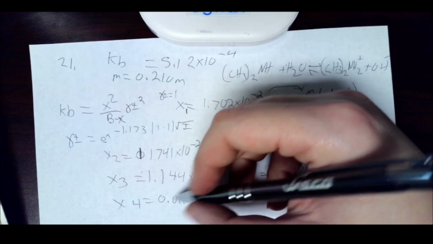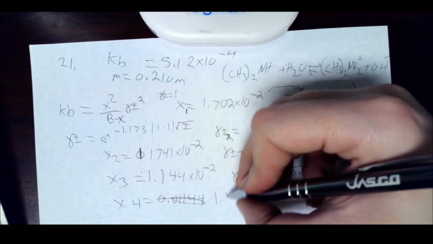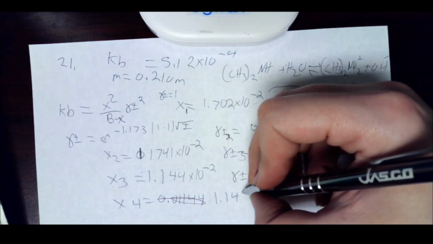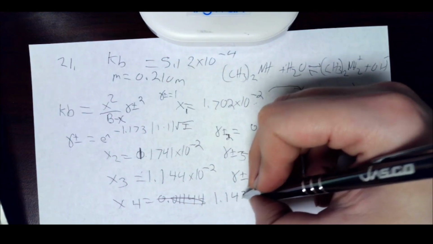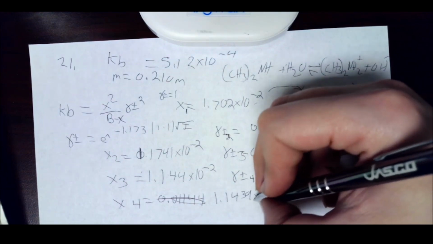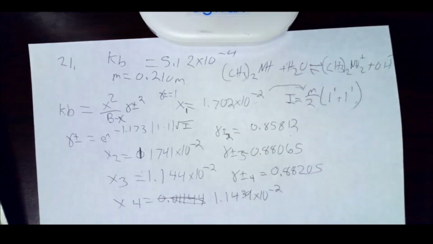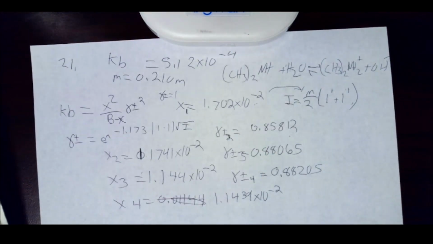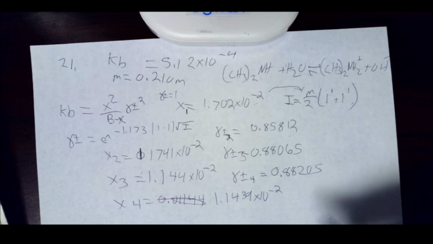So 1.14 essentially 3.9, which rounds up to 4.4. So at this point, it is not moving anymore. It is done, and that is the concentration.